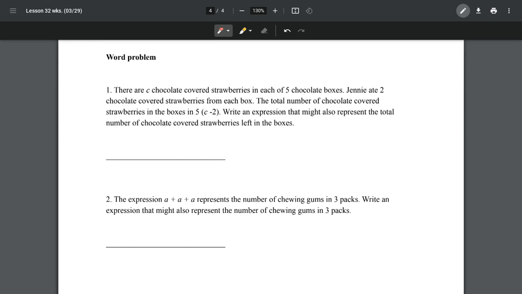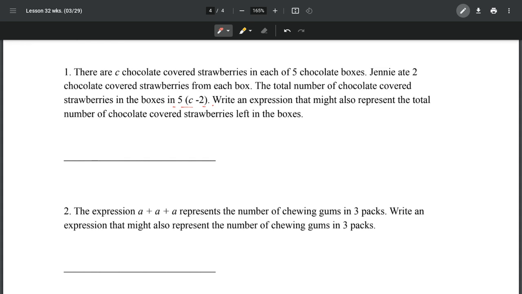So for number 1, there are C chocolate covered strawberries in each of the 5 chocolate boxes. Jenny ate 2 chocolate covered strawberries from each box. The total number of chocolate covered strawberries left in the boxes is 5 parentheses C minus 2. Okay, so write an expression that might also represent the total number of chocolate covered strawberries left in the boxes.